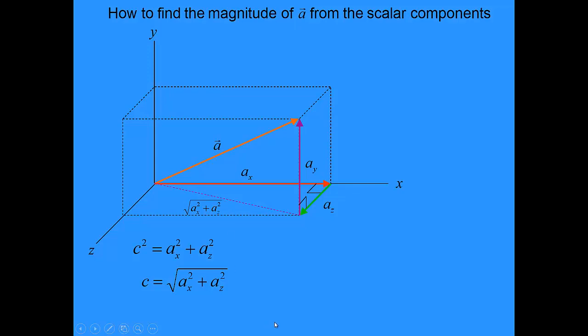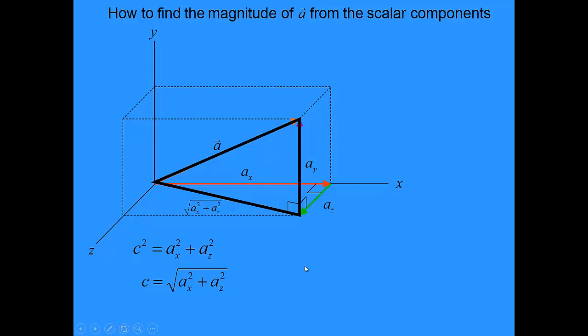That's not the only right triangle in the diagram. Do you see another one? Don't forget, that's also a right angle. ay is perpendicular to both x and z. These are perpendicular components. So there is a right triangle here, with A as the hypotenuse, this as one leg, and ay as the other leg.